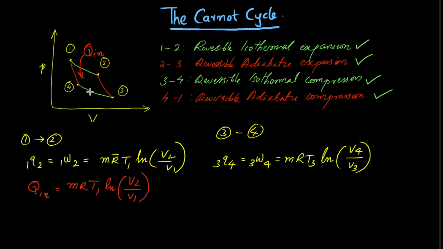If we consider that Q out is the amount of heat rejected from the system, Q out will be the negative of 3Q4, because 3Q4 is already negative. If we consider the heat rejected by the system, we are actually taking the magnitude of this.